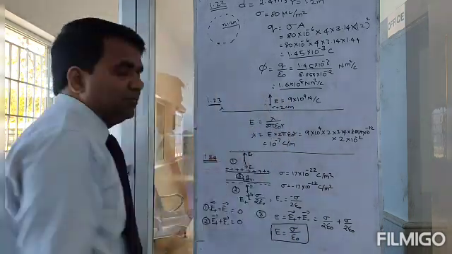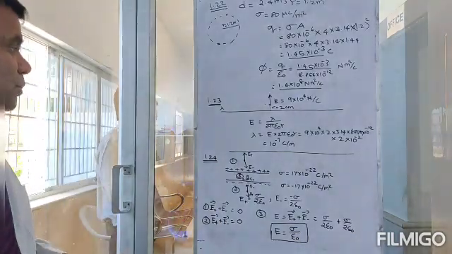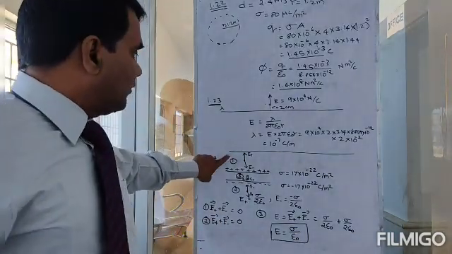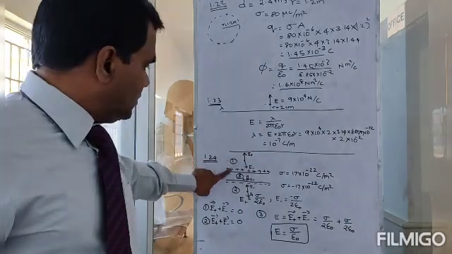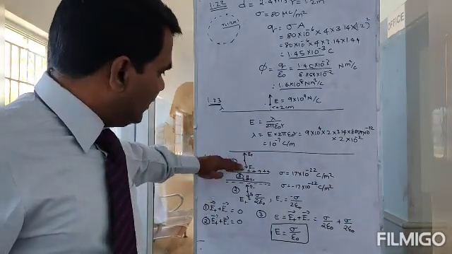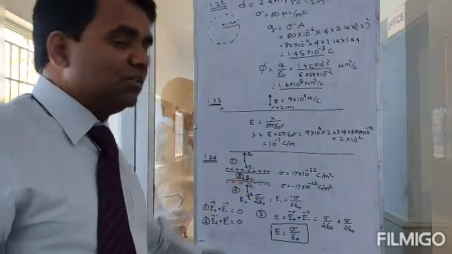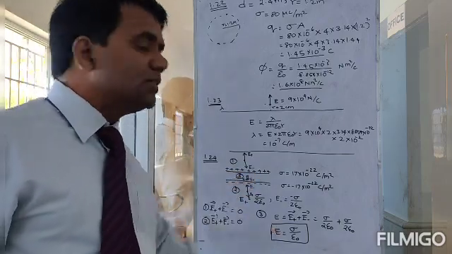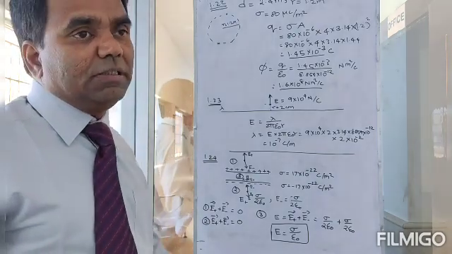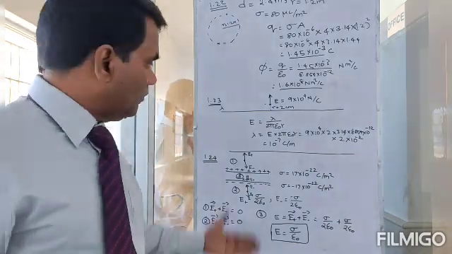That's the field inside. So when I keep two plates like this, the field here is going to be 0. The field here is going to be 0. There is no field outside those two plates. But then there is a field inside those two plates. And this is the magnitude of the field value.